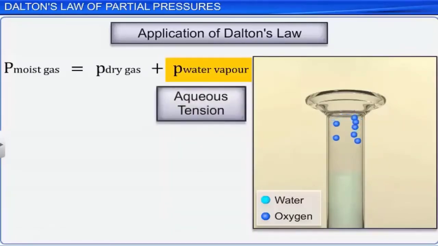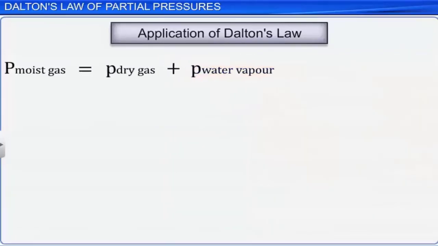If the pressure of dry gas and the moist gas are represented as P and P total, and the partial pressure due to water vapor, commonly called aqueous tension, can be expressed as P dash, then by Dalton's law of partial pressures, the total pressure exerted by a moist gas, that is, P total is equal to the partial pressure of the dry gas, P, plus partial pressure of the water vapor, P dash.